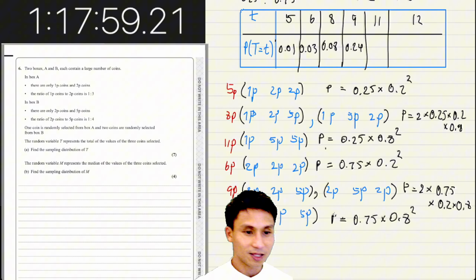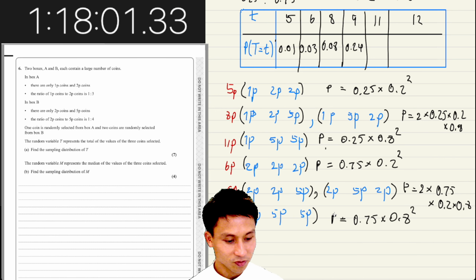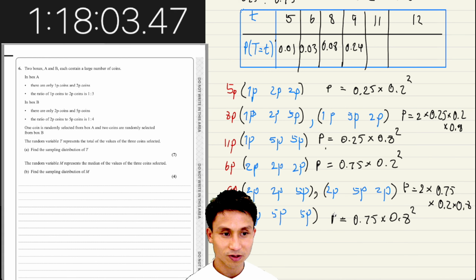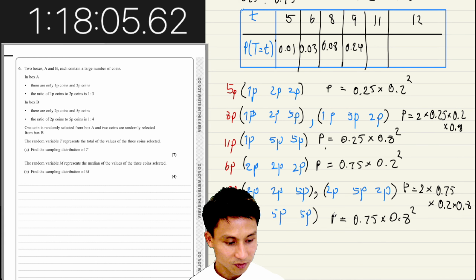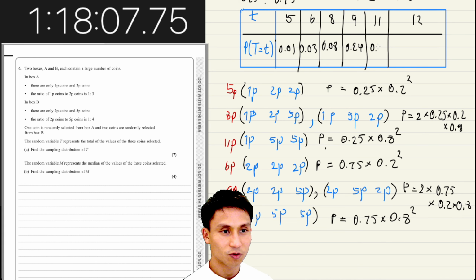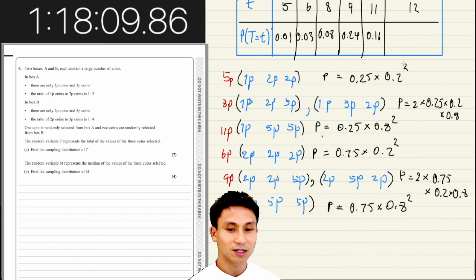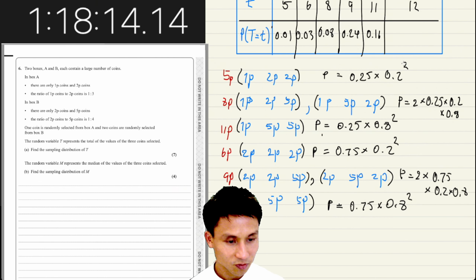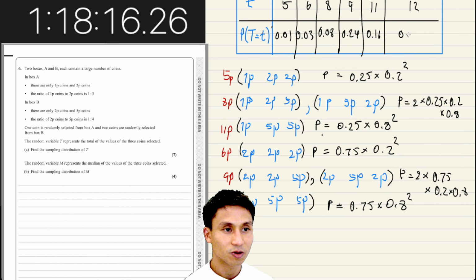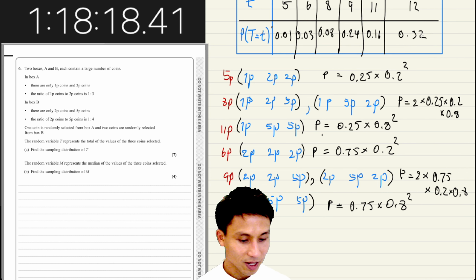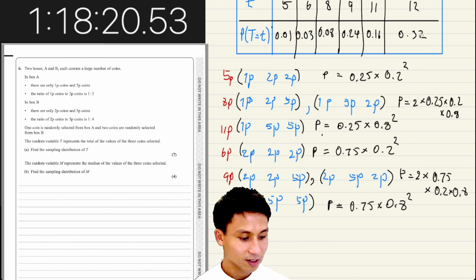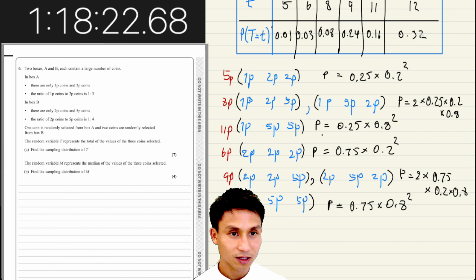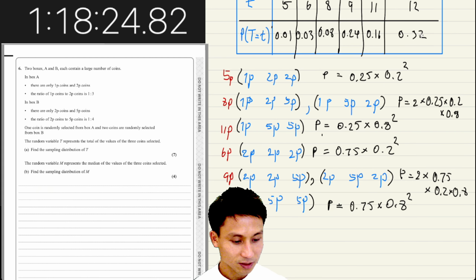Almost. 0.25 times, so we're doing 11 first, times 0.8 squared. That's 0.16. Then lastly, the 12 pence case, 0.75 times 0.8 squared. That's 0.32. So I'm going to try and add them up here, because if we get 1, then we are good to go. Next, just to make sure that we didn't get them wrong.